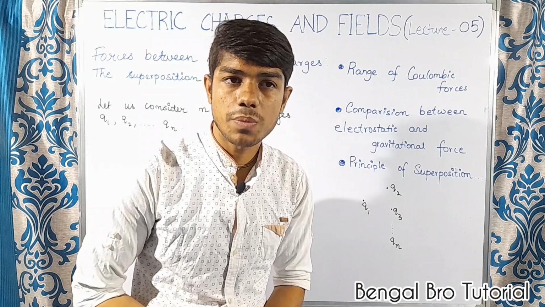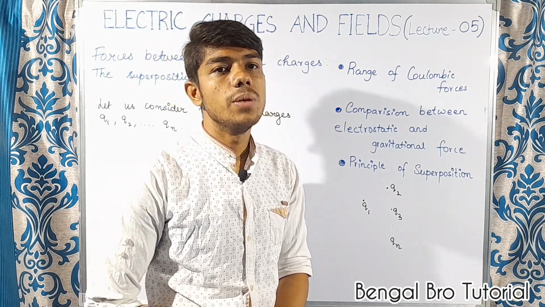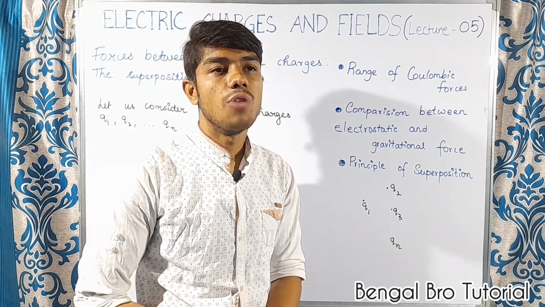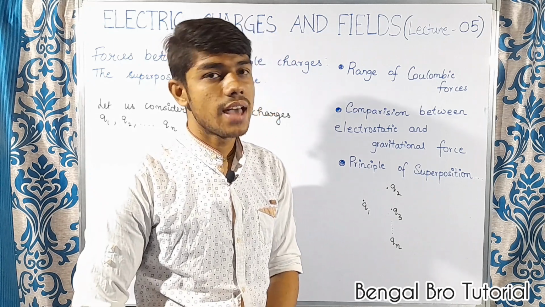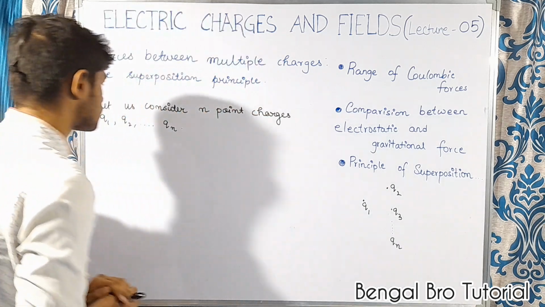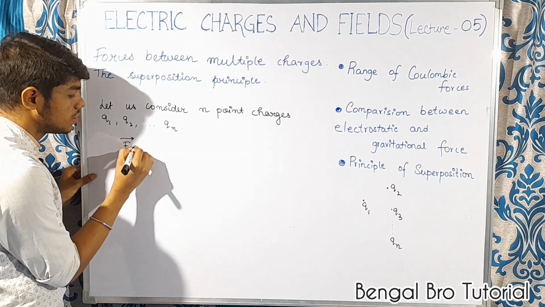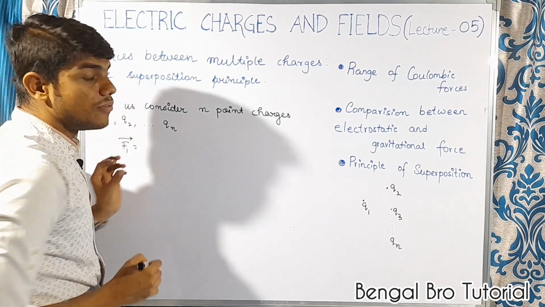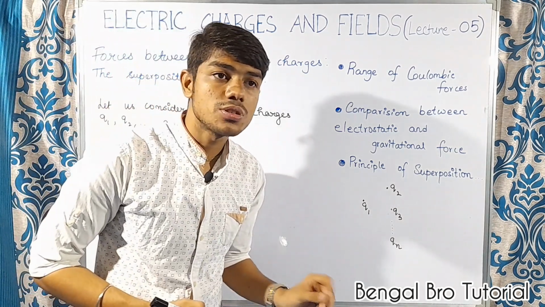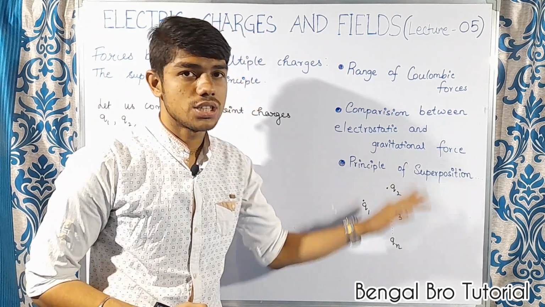Now according to this principle, the net force acting on a point charge will be equal to the vector sum of all the individual forces acting on this charge. So the net force acting on charge Q1 will be equal to the vector sum of all the forces acting on this charge Q1 due to all other charges.